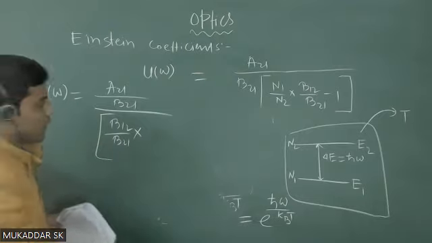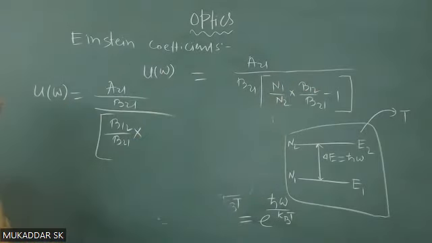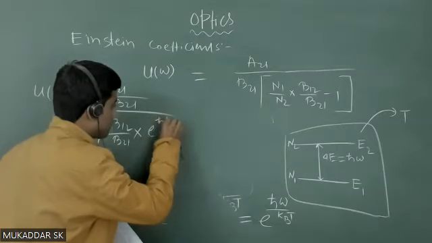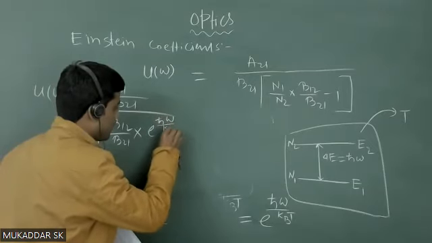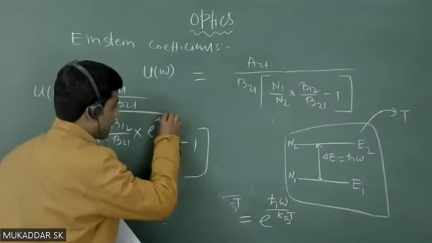I wrote this term first, then N1 by N2, because this is a multiplication factor. N1 by N2, which we just derived, is nothing but exponential h cross omega by kB T. Then you have minus 1, right?